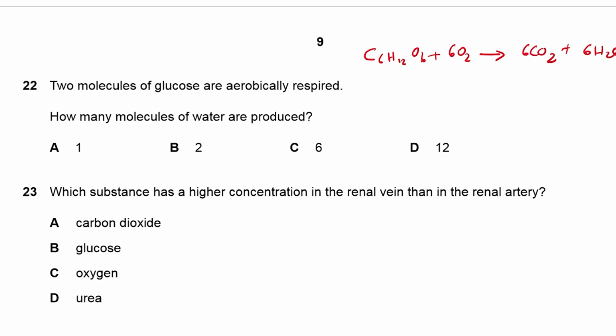Now, how many molecules of water are produced when 2 molecules are aerobically respired? If 1 molecule of glucose gives us 6 molecules of water, now what about 2? It means the number of water molecules will also double. So it will go from 6 to 12. So our choice here will be D.